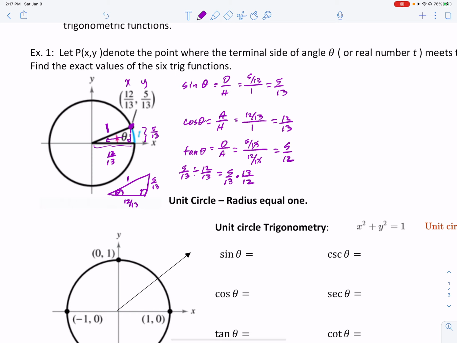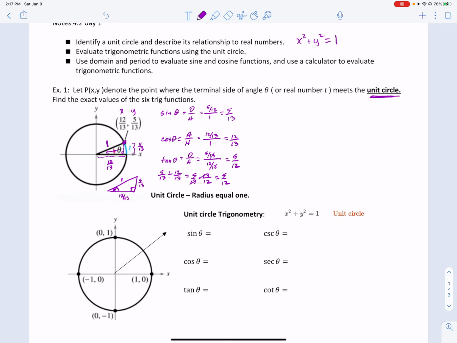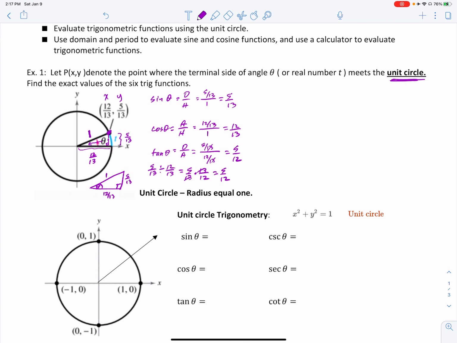When you divide by a fraction, you multiply by the reciprocal, and those 13s cancel, and you get 5/12. And then they want all 6 trig functions. The reciprocal of sine is cosecant of theta, so that's 13/5. The reciprocal of cosine is secant of theta, so that's 13/12. And the reciprocal of tangent is cotangent of theta, so that will be 12/5, because those are just reciprocals.